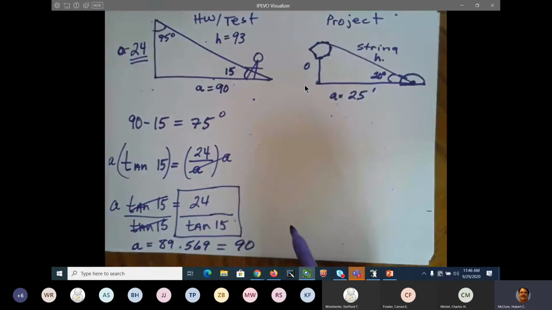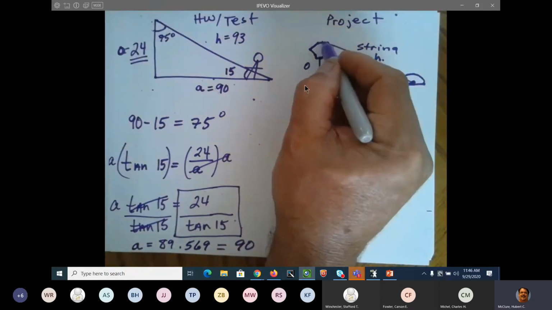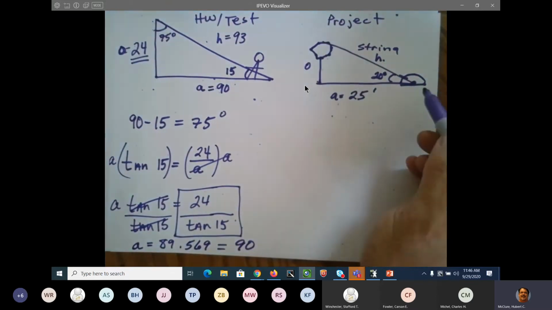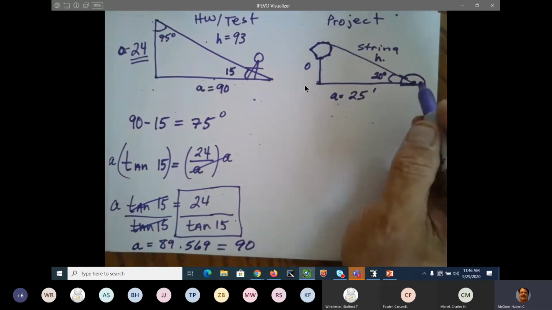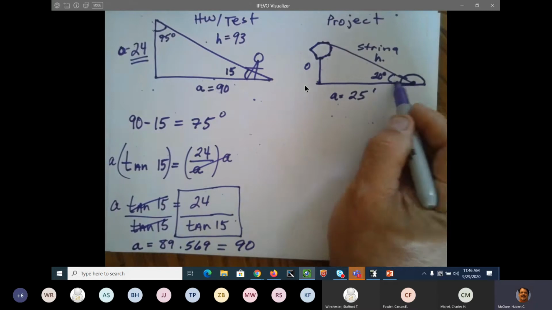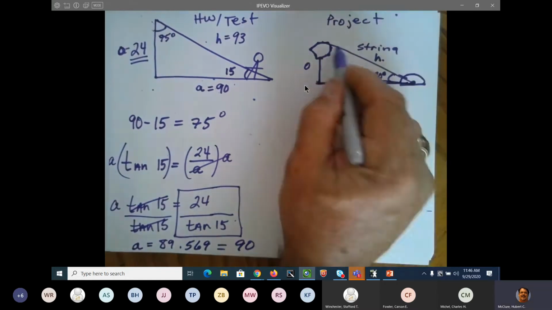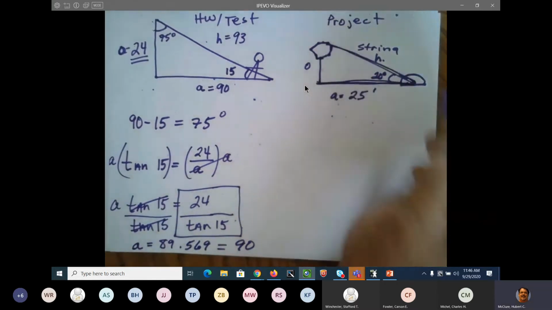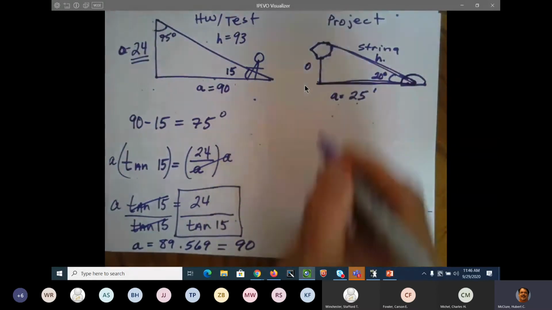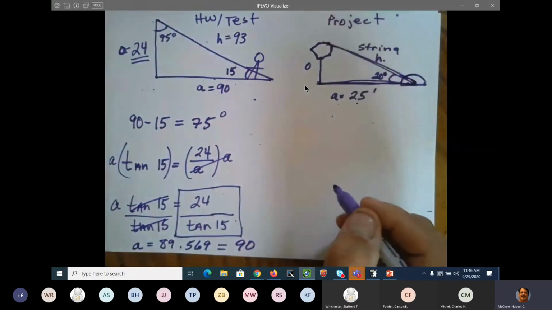So what he does is he puts a string at the top and he pulls a tape measure, 25 feet, 30 feet, 40 feet, whatever he wants to do above 25 feet. And he marks the string from there to there, and basically lays his protractor down and gets an angle of 20 degrees at 25 feet. So now we're going to find the height of that sign without measuring.